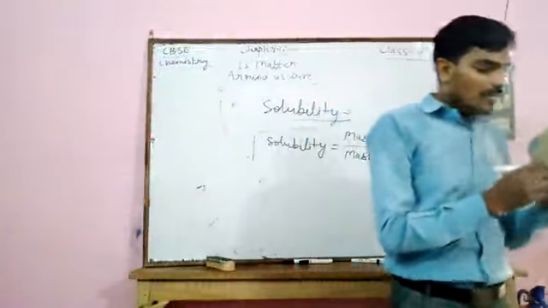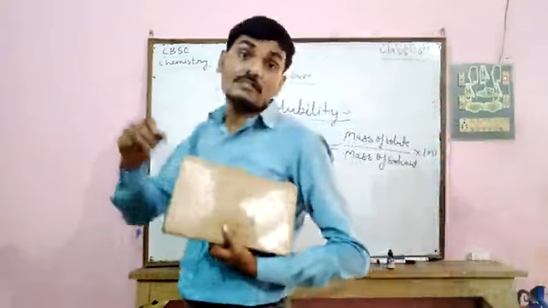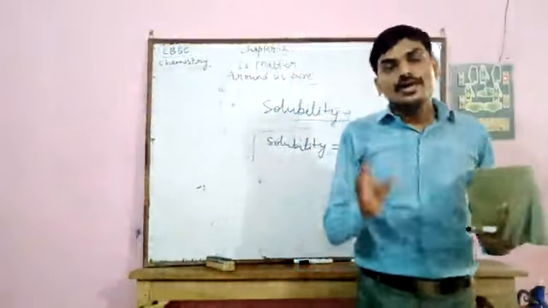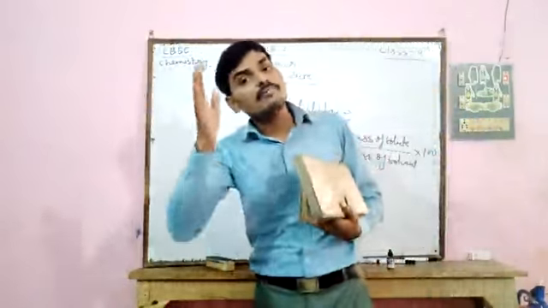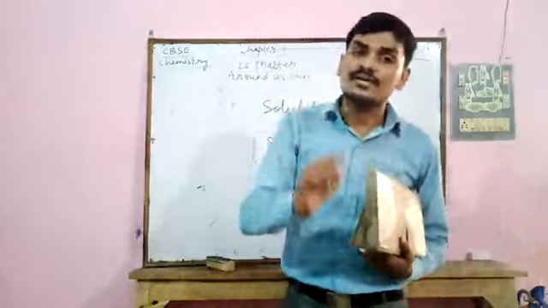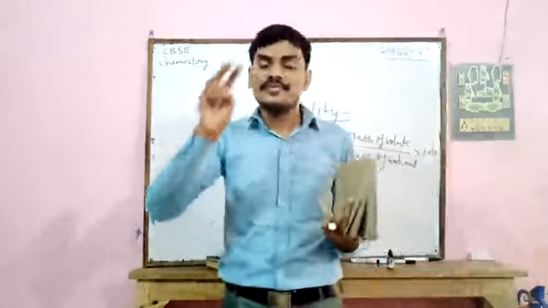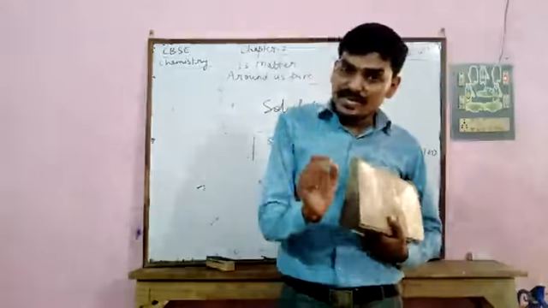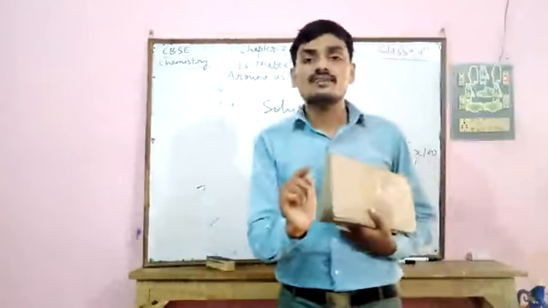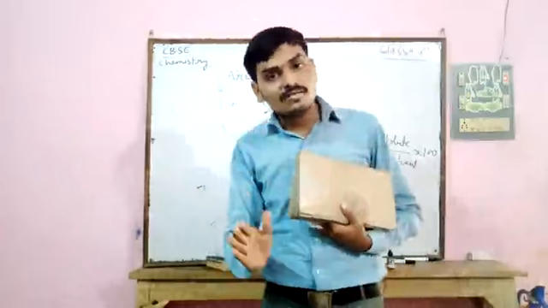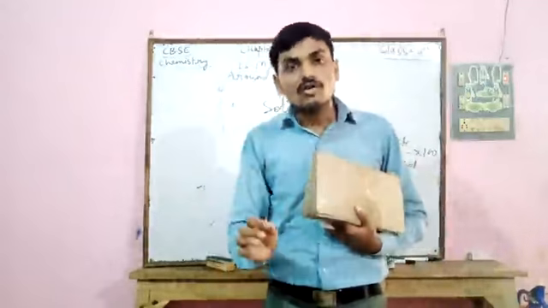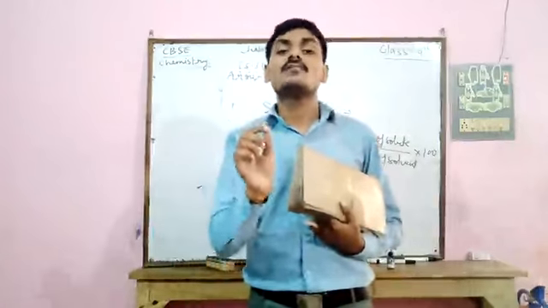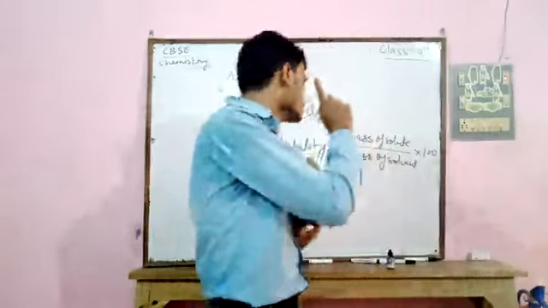So the mass of solute present in 100 grams of solvent is known as the solubility, and the mass of solute present in 100 grams of solution is known as the concentration. So this is the difference between concentration and solubility.